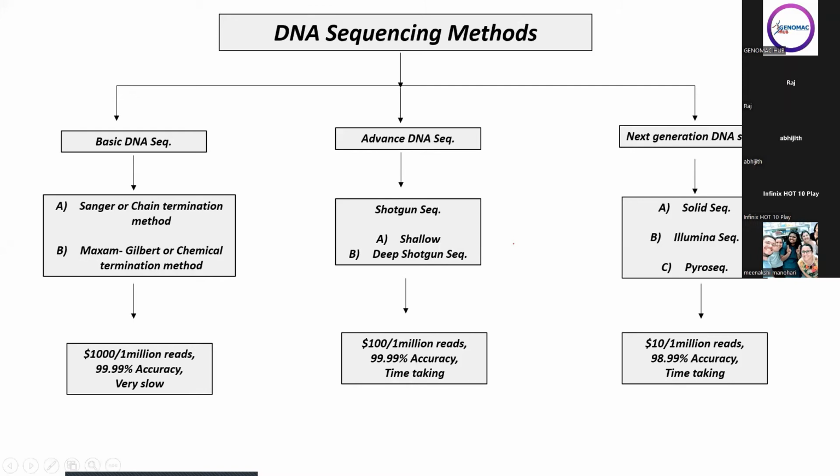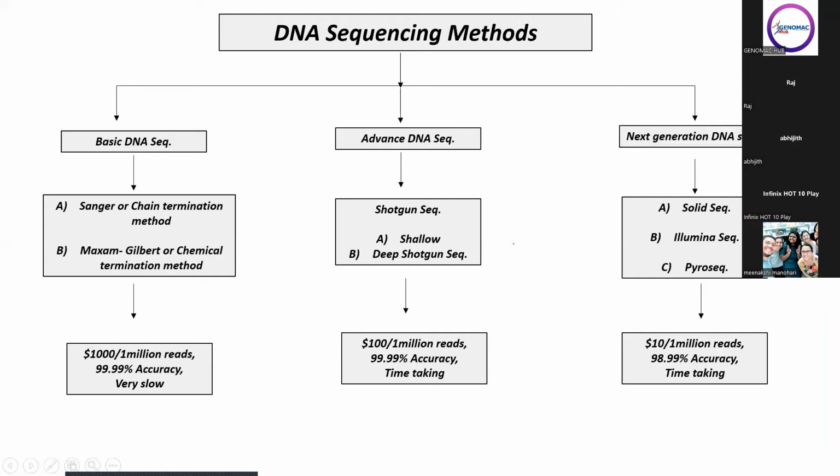By comparing these three, we can see how we can use their advantageous procedures. The basic technology price is $1,000 for 1 million reads, and advanced DNA sequencing technology is $100 for 1 million reads.